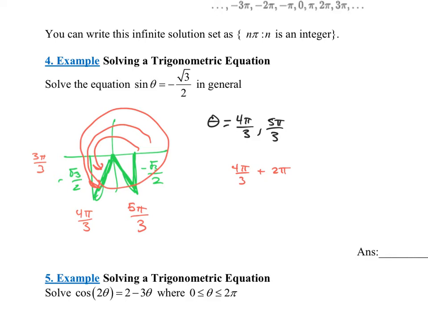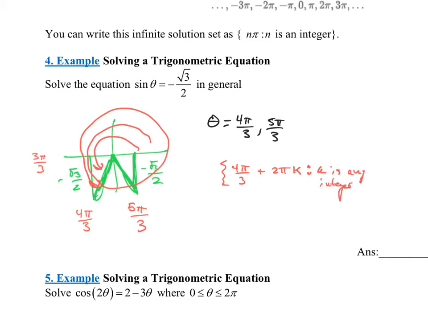So how do we do it? We would write it like this. x such that x equals 4 pi over 3 plus 2 pi k, such that k is any integer.